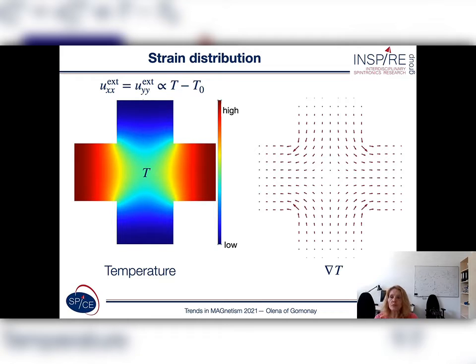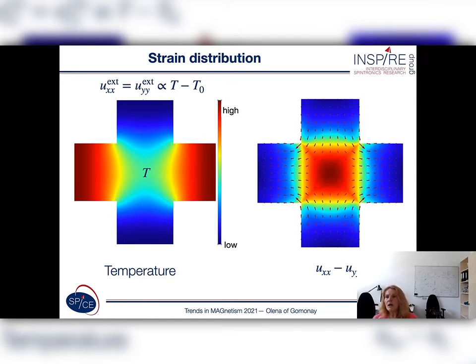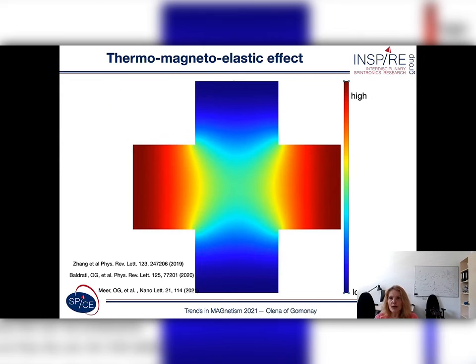So in this case, such temperature gradients are responsible for the creation of other strain components, uxx minus uyy, which can contribute to the magnetic anisotropy and induce switching. How does this coupling appear? I will try to explain this in the next slide.